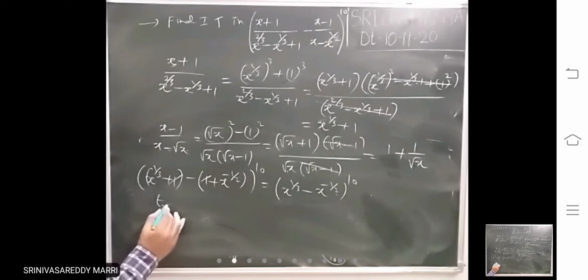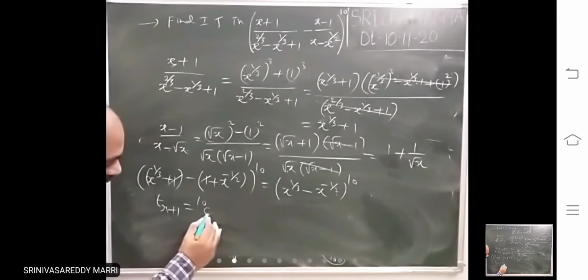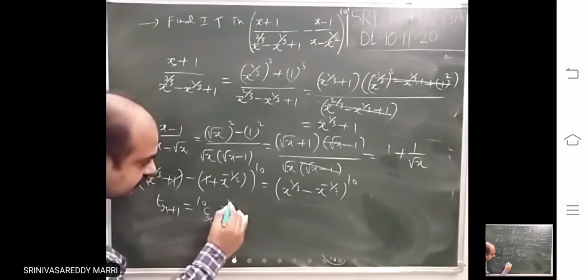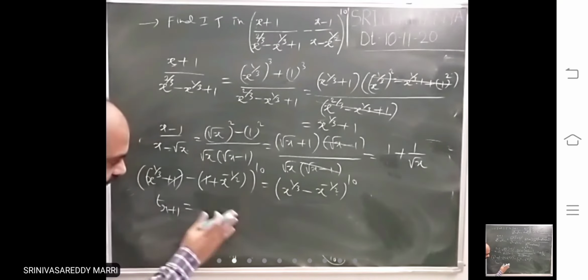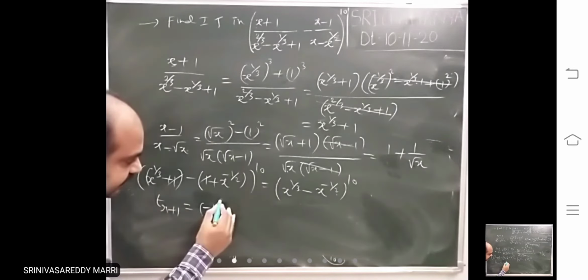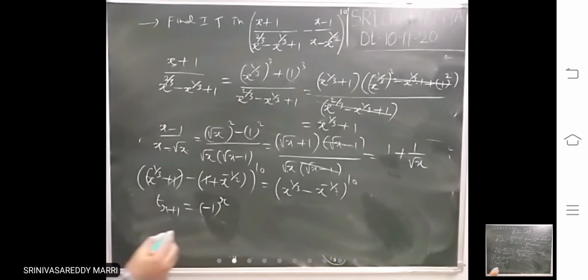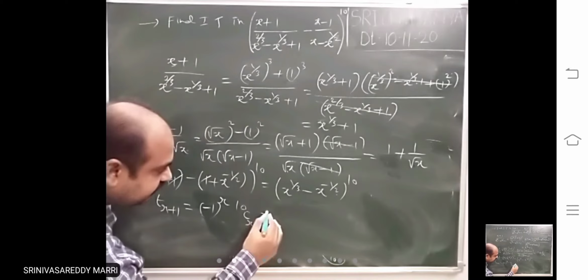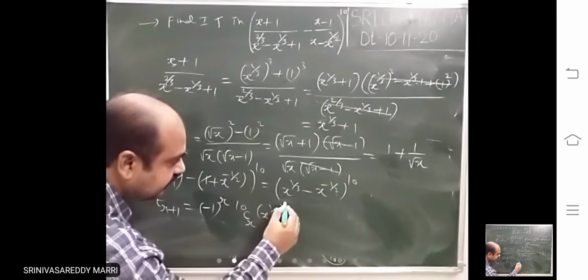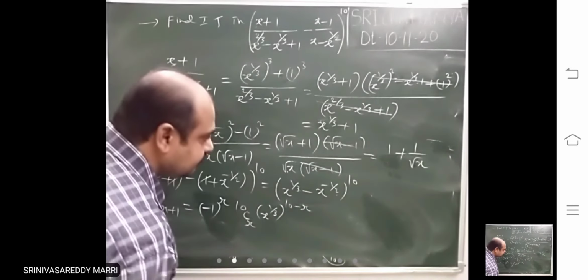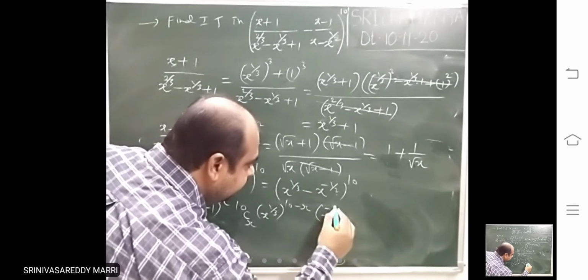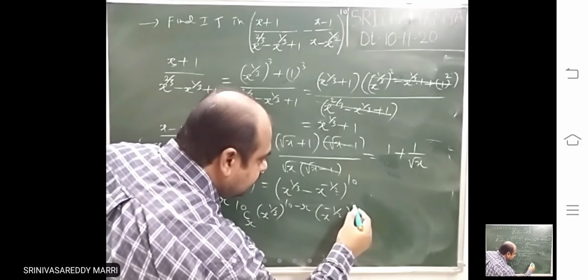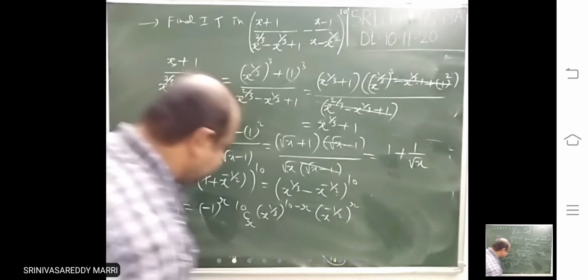T(r plus 1) equals nCr, 10Cr into the first variable to the power 10 minus r, into the second variable to the power r, with minus 1 whole power r.